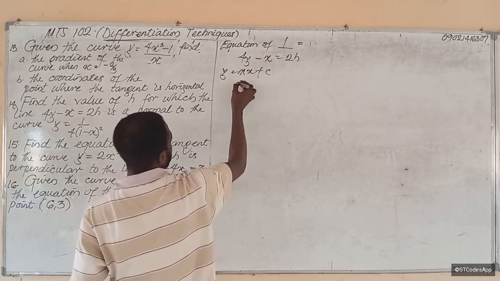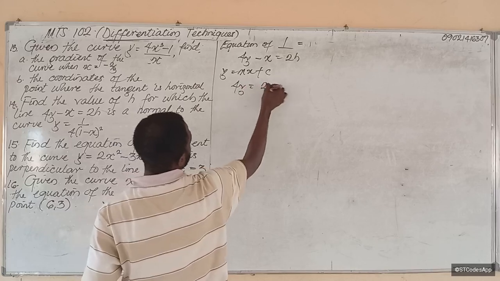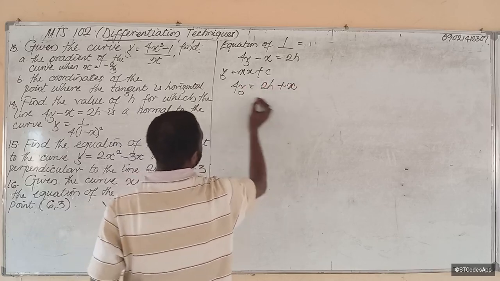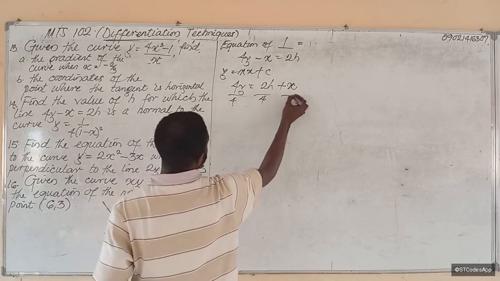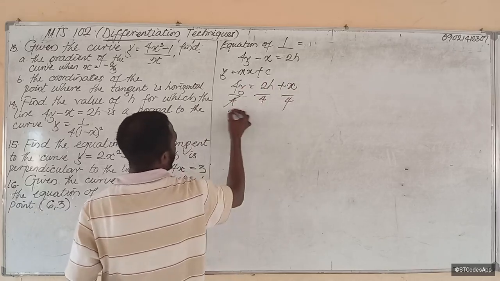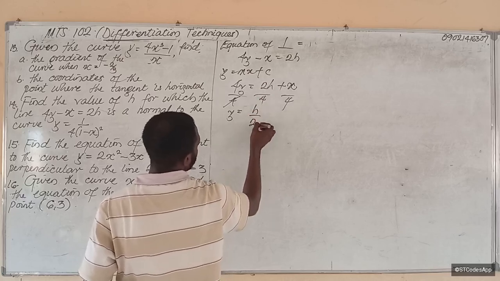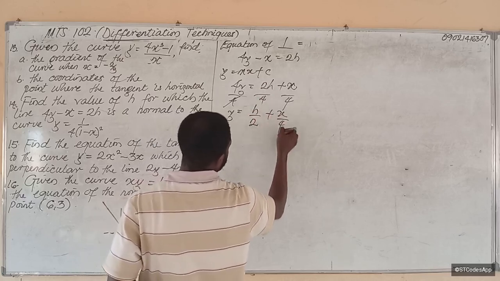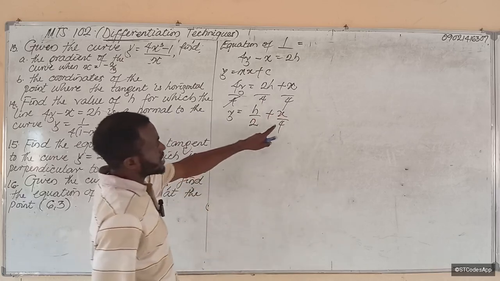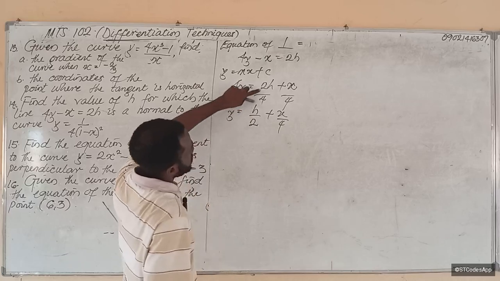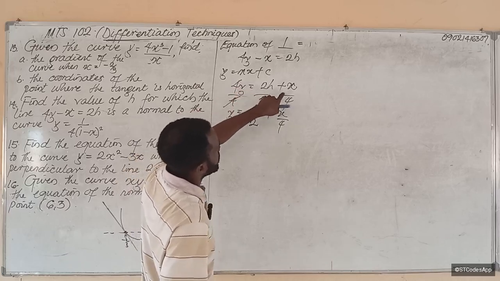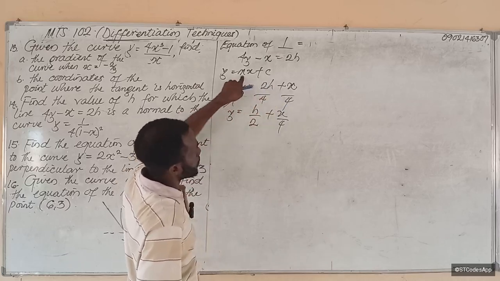So 4y will now be equal to 2h plus x. Then divide through by 4. y will now be equal to h over 2 plus x over 4. With this, the coefficient of x is going to be our gradient.